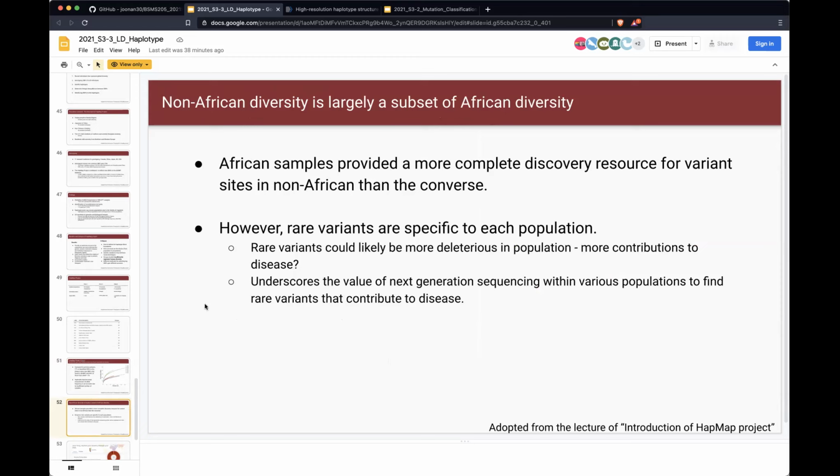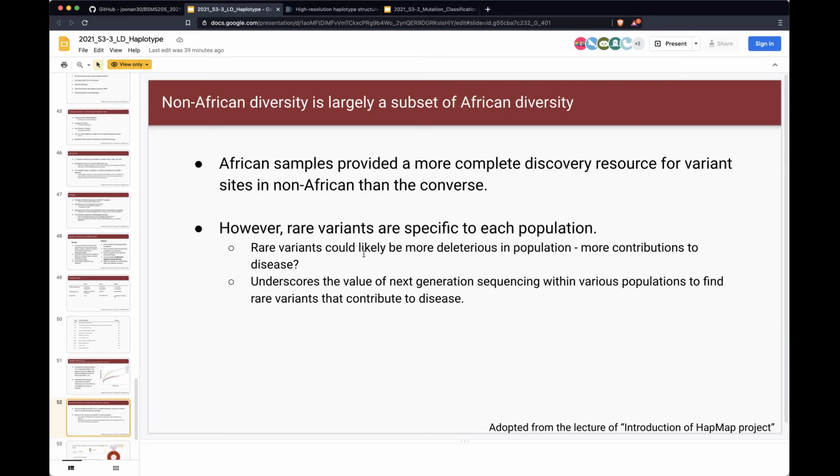So for instance, rare variants are very specifically observed in each population, because rare variants are recently arising in the new generation, and they segregate within their own populations, right?